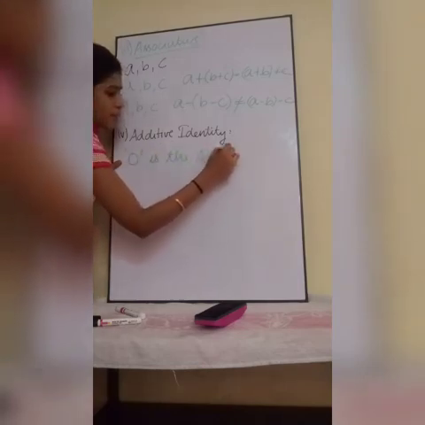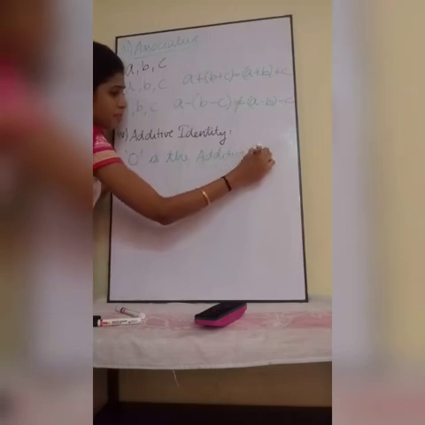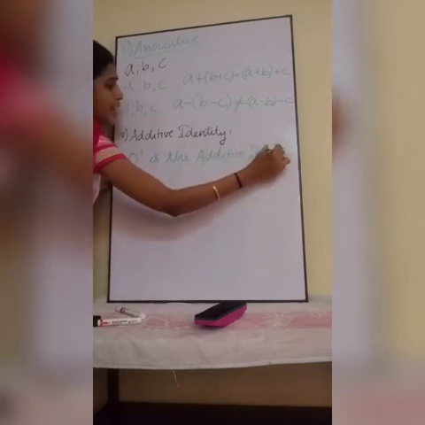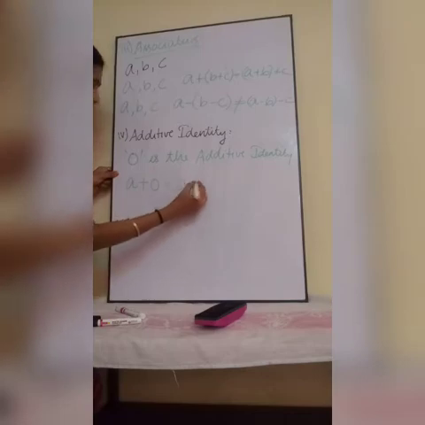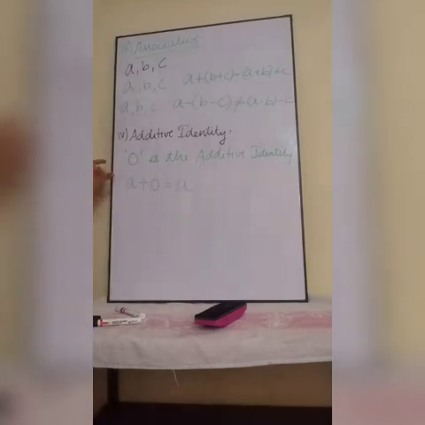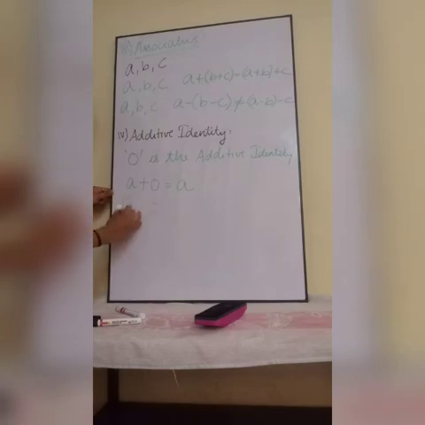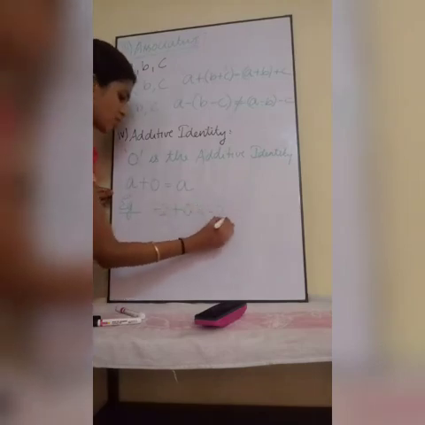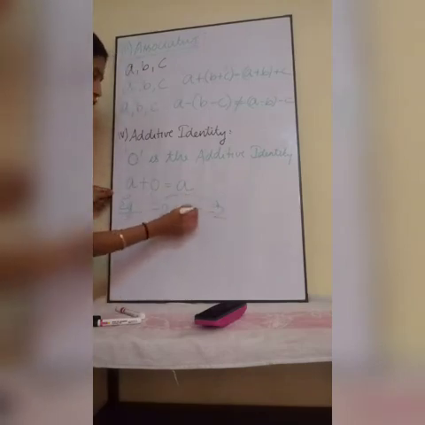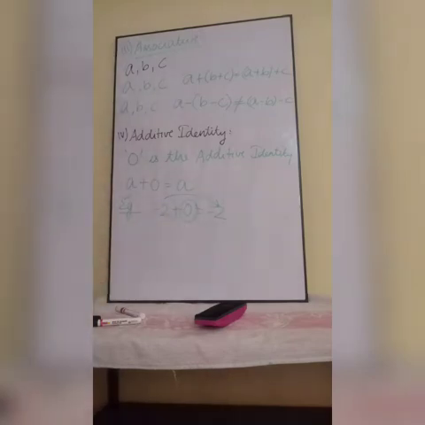Because if I add any integer a with 0, I will get the same integer a. Example: minus 2 is one integer, right? So if I add minus 2 plus 0, I will get minus 2. So the same minus 2 you are getting. So 0 is our additive identity.